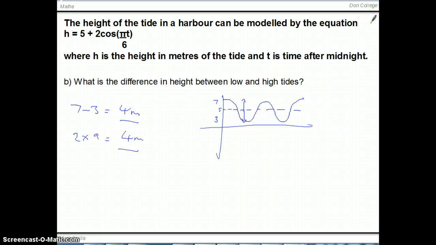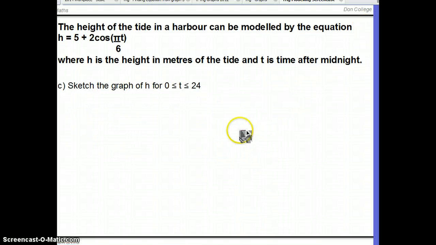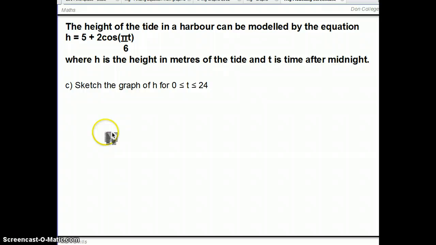Okay, C. Okay, so to sketch this, let's just go through all the steps we need to. So we'll start off with H. So H is 2 cos pi on 6 t plus 5, t is between 0 and 24.